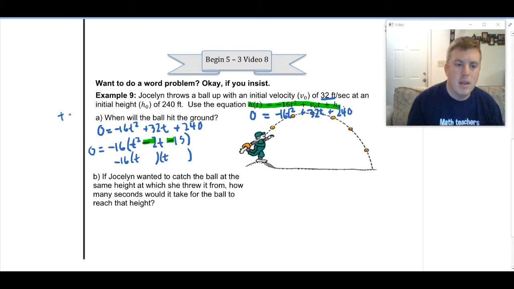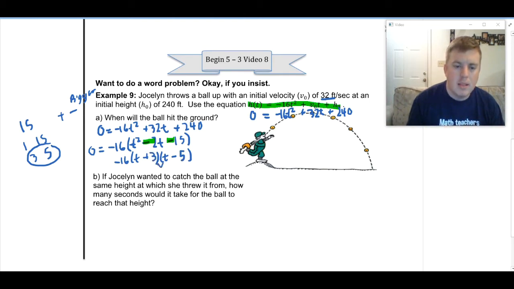Since my number in the middle is negative, I want the bigger number to be my negative and my smaller number to be my positive. So I'm going to plug in a plus and a minus. Now when I break down 15, I can get 1 and 15, and I can get 3 and 5. Remember, we want to go with the ones that are closest together first, and then we can plug in others if we need to. We already talked about how we want the negative to be the bigger number and the positive to be the smaller number.